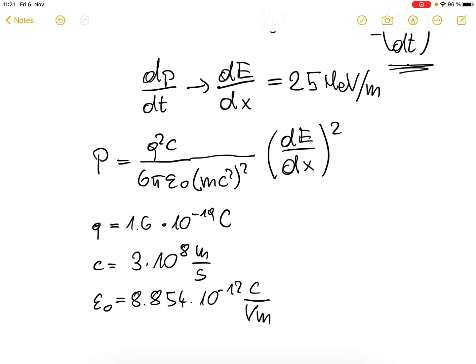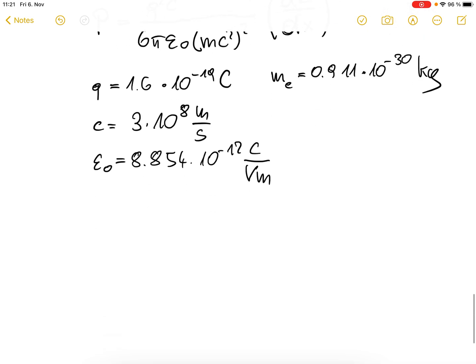And we take the mass of the particle, which we take to be an electron, as 0.911 times 10 to the minus 30 kilogram. These are the numbers that we need.